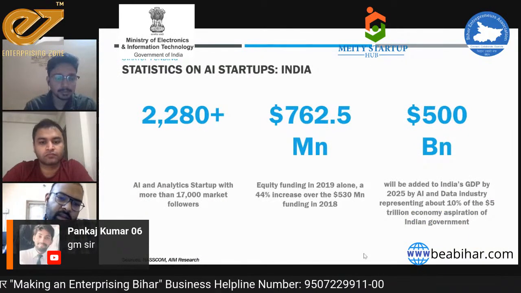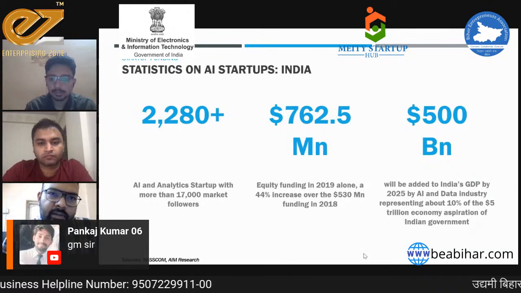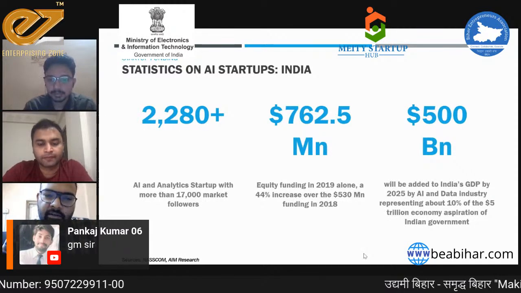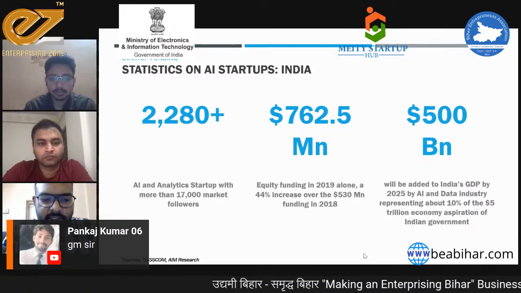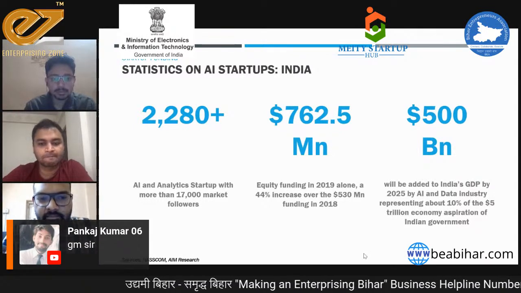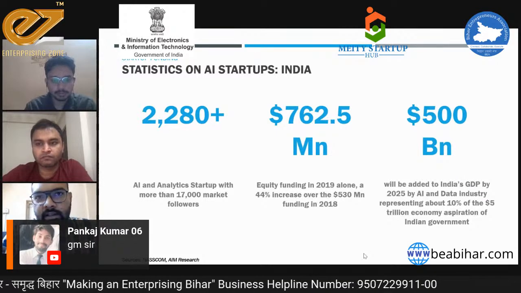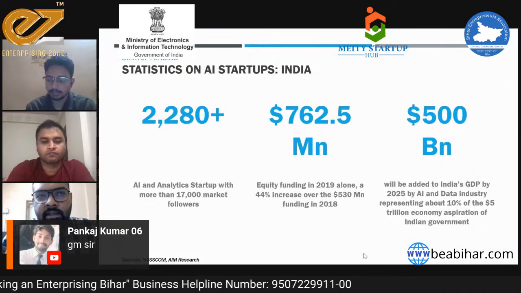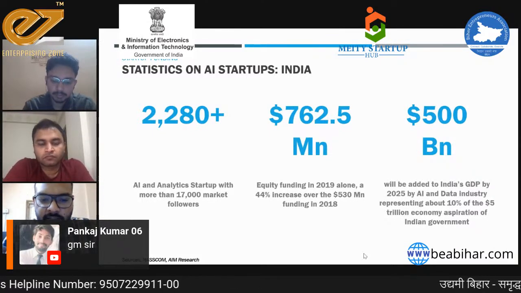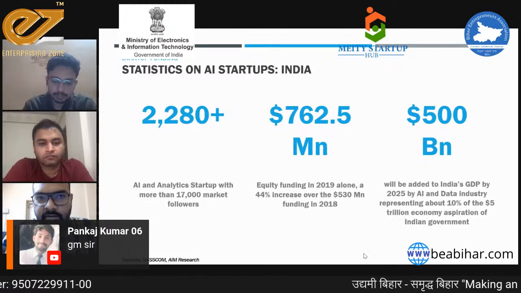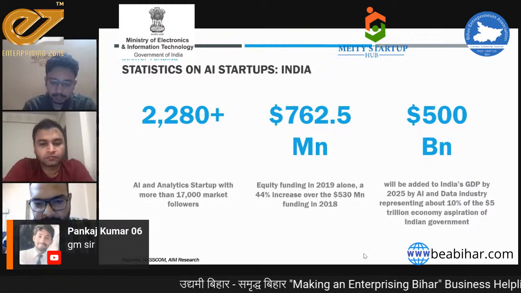If I look at the current landscape of AI startups in India, there are around 2,200 plus AI startups in India. In 2019, these startups collectively raised around $760 million in equity funding, which was around a 44% rise from the previous year, 2018.